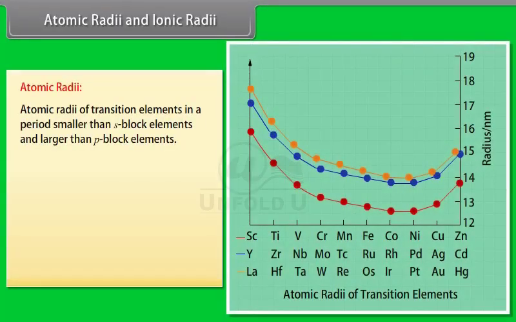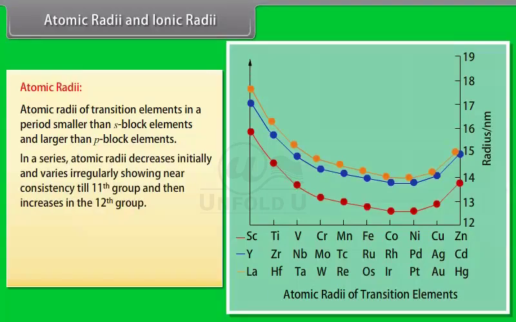Atomic radii. Atomic radii of transition elements in a period are smaller than S block elements and larger than P block elements. In a series, atomic radii decrease initially and vary irregularly, showing near consistency till the 11th group and then increase in the 12th group.